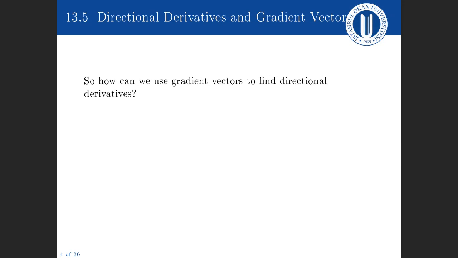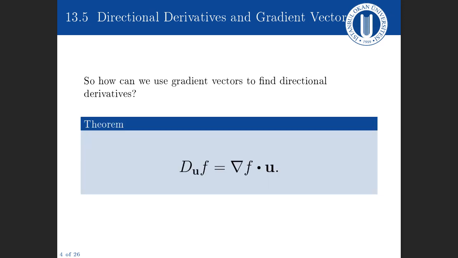Okay, great. I said that we could use gradient vectors to find directional derivatives. So how do we do that? Here's the theorem. The directional derivative of f in the direction u is always the same as nabla f dot u, the dot product of two vectors.